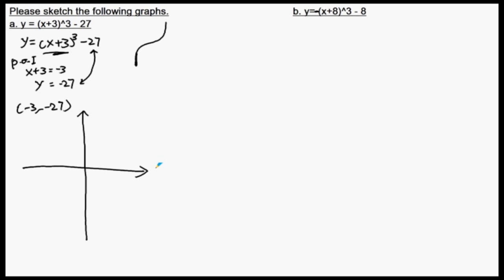This is our point of inflection, which came from here. The point of inflection is (minus 3, minus 27). After we have the point of inflection, we can sketch the graph easily.